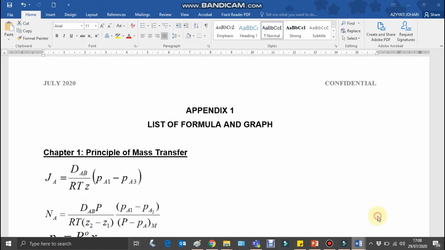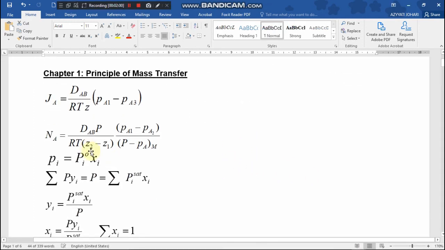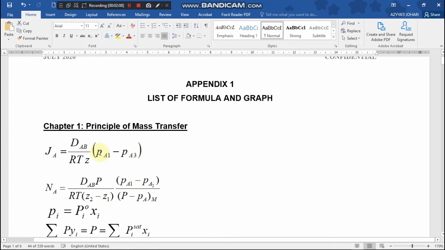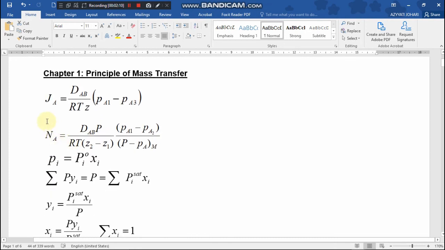By referring to the appendix, the equation used to calculate flux for one component diffusion is the second equation in the principles of mass transfer, chapter 1. You write down this equation again in your answer script. NA is equal to DAB P, PA1 minus PA2 over RT, Z2 minus Z1, multiplied with P minus PAM.